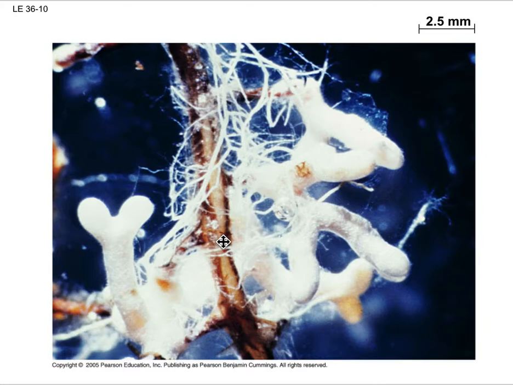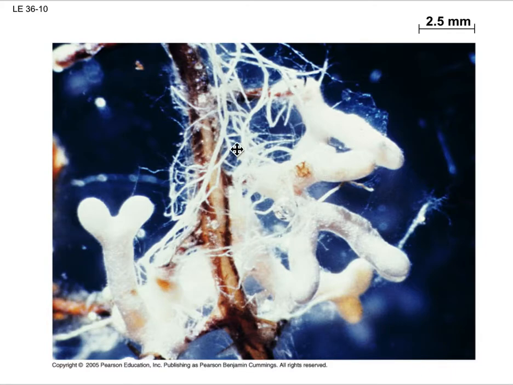So you should note that the plant root's much larger in diameter than the mycorrhizal fungi, and this is a benefit because the smaller the diameter is, the higher the surface area to volume ratio is.